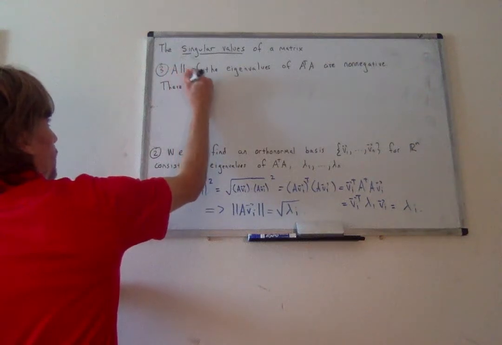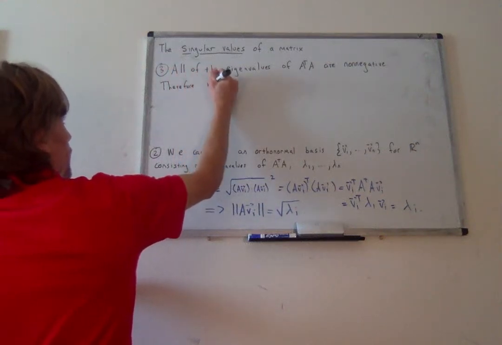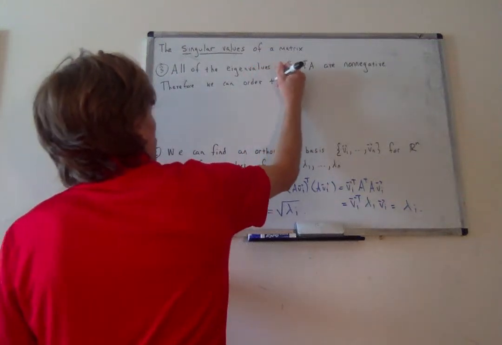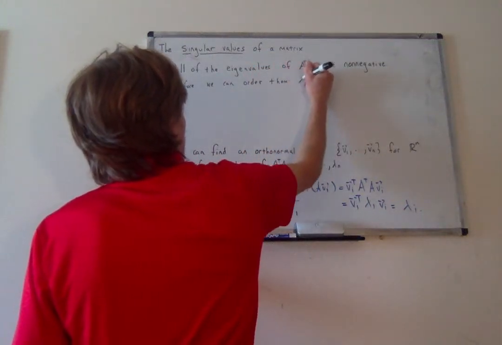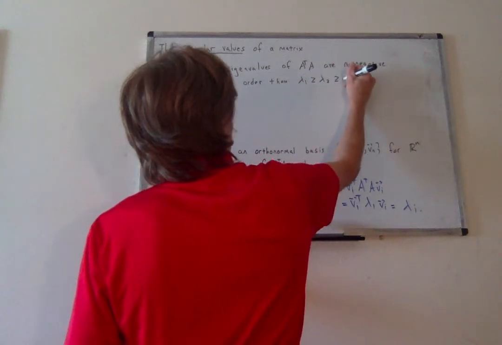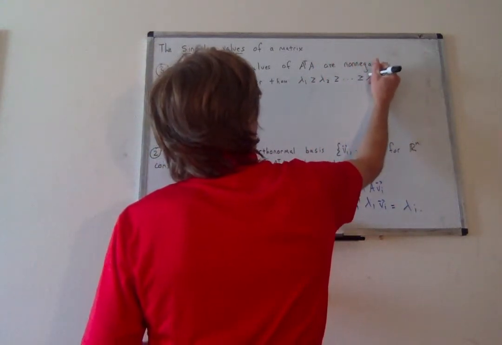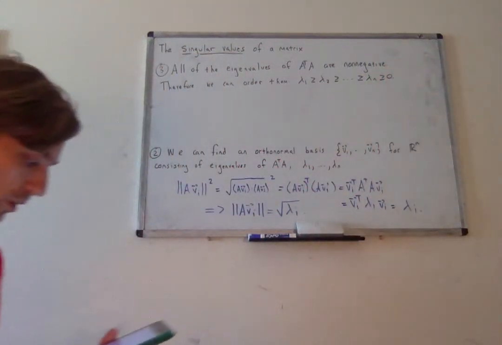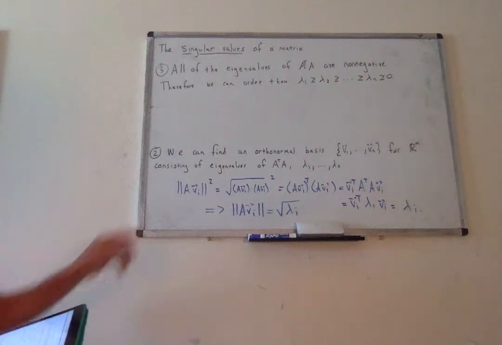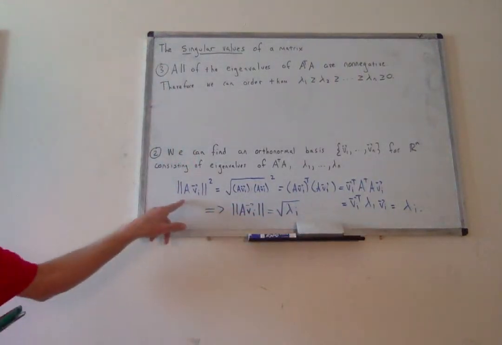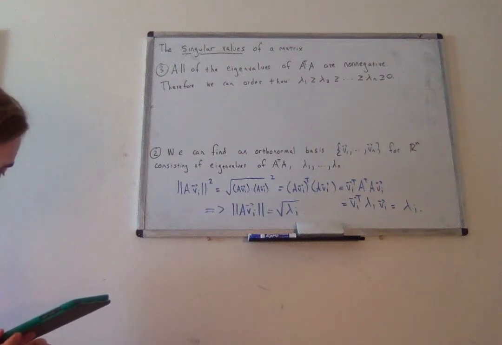Therefore, we can order them in the following way, where we'll say lambda 1 is the largest eigenvalue, lambda 2 is next, and lambda n is the smallest eigenvalue, and we know they're all greater than or equal to 0. And again, that's because of this relation here, that lambda sub I is equal to this value squared.